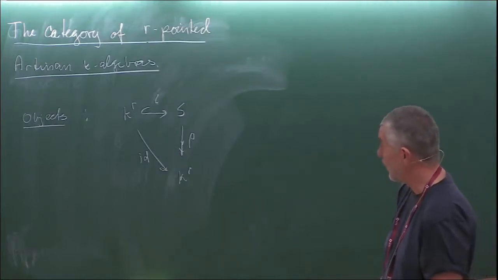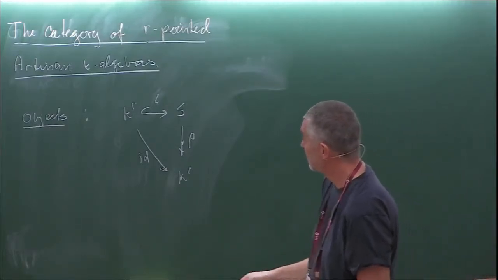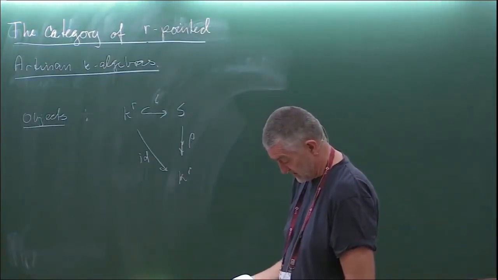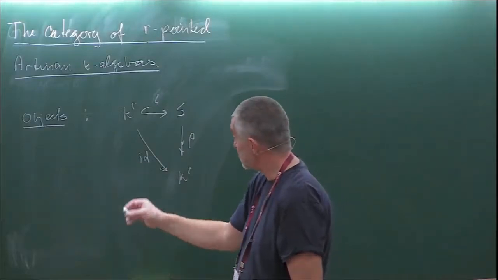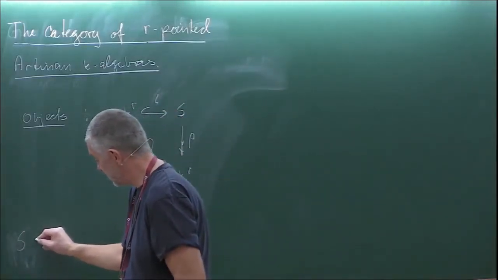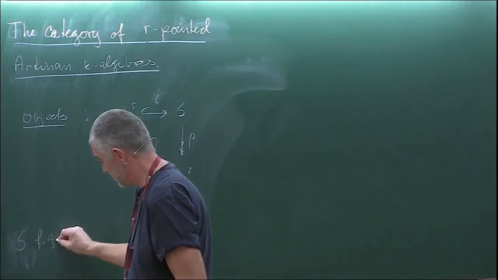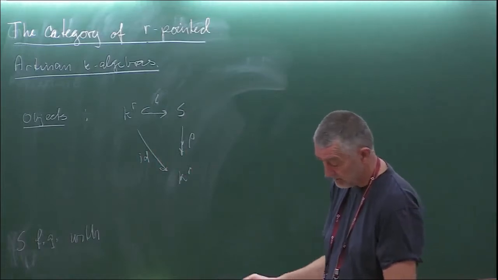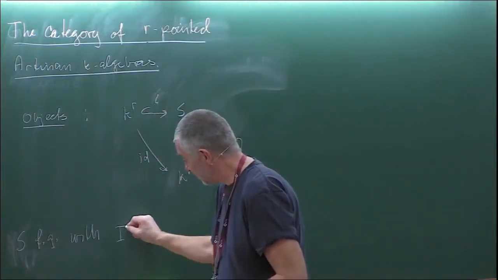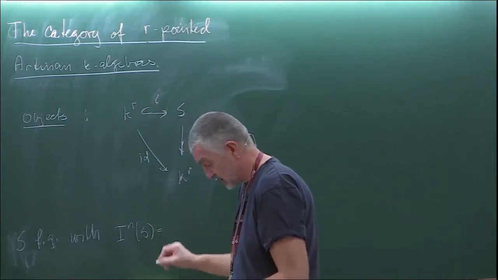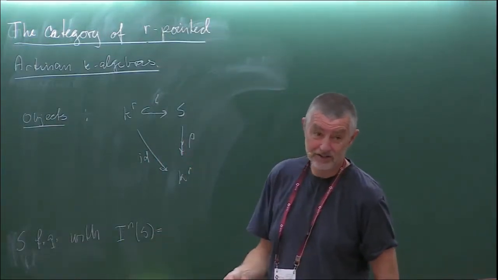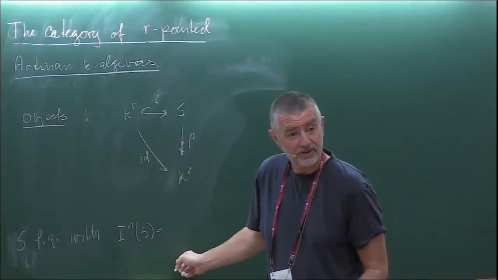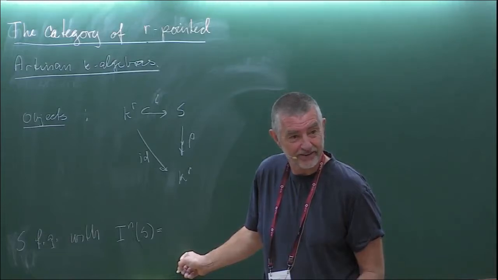And furthermore, S should be finitely generated, and it should be Artinian. So I claim that the radical I to the nth of S, which is a bit of a circle definition because it's not Artinian before I claim this, and this is not a radical before it is Artinian, or semi-simple.